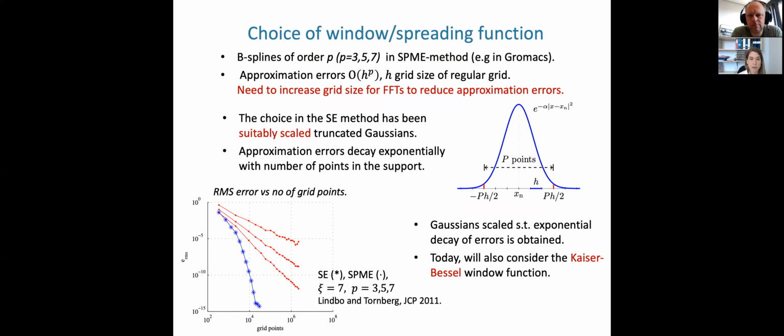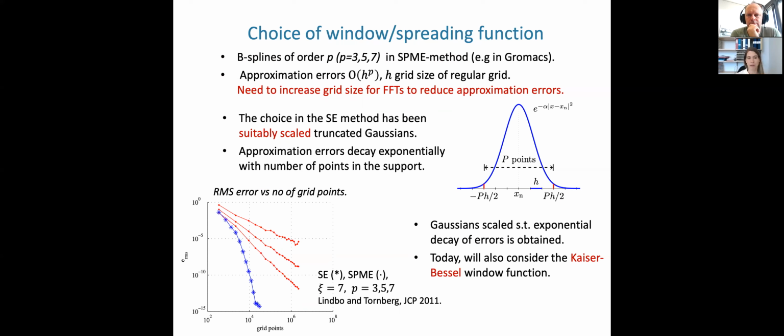So I mentioned the window function several times. How do you spread to the grid? In GROMACS, for example, which is a big package for MD simulations, you use B-splines of a fixed order. But if you do that, that means that your approximation errors will go like order h to the p, where h is the grid size of the regular grid. So you need to increase your grid size to reduce your approximation errors.